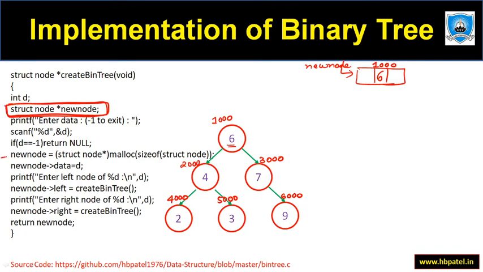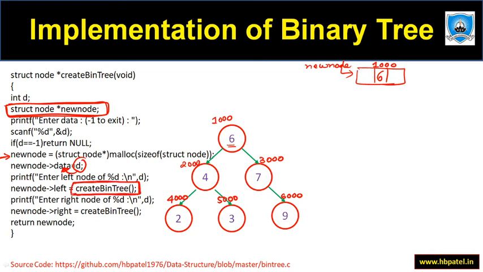So a new node will be created at this point of time. Over here the new node is created, and the data that we have entered, like 6, is assigned into new node. Then it will ask for the left node of %d. So left node of 6. You enter left node of 6, and now we are recursively calling create binary tree.